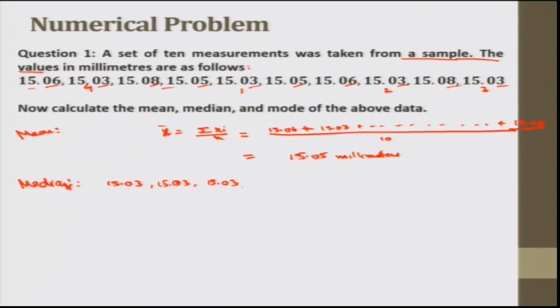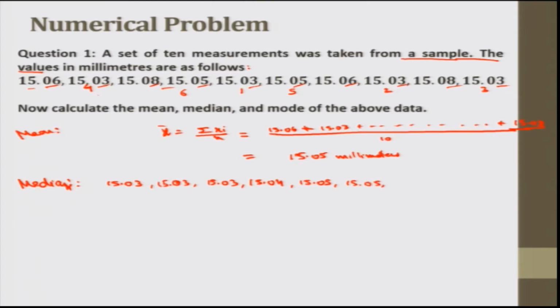This is the fourth value, 15.03. Then the fifth value here is 15.05. Then the sixth value is another 15.05.